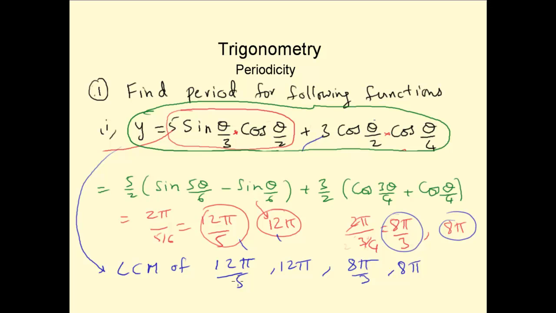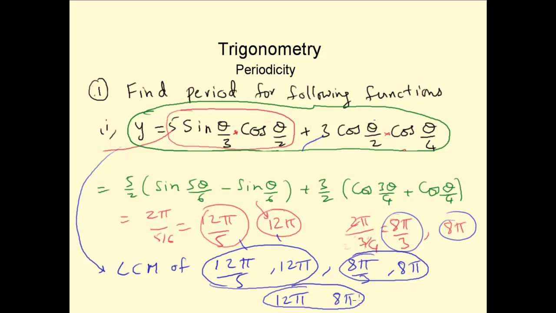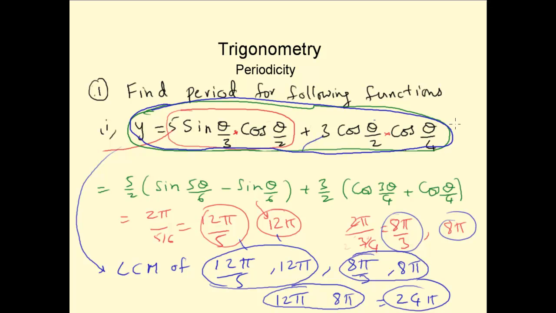You can clearly see that the LCM of the first two numbers is 12 pi, and the LCM of the last two numbers is 8 pi. Now the LCM of 12 and 8 is 24, so that is 24 pi. So the period for this whole function, 5 sine(theta/3) cos(theta/2) plus 3 cos(theta/2) cos(theta/4), is equal to 24 pi.